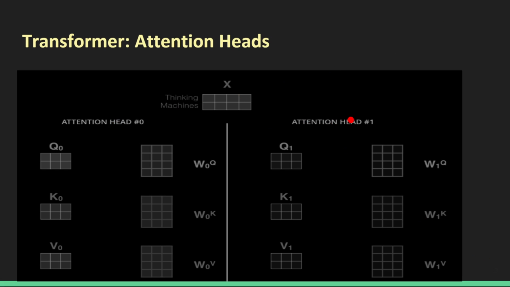Here you can see two attention heads, each one starting from a different set of initial values, a different regime of values, and you run them at the same time, and then you somehow combine them into the final Z value. This has been shown experimentally to improve the performance of your network.